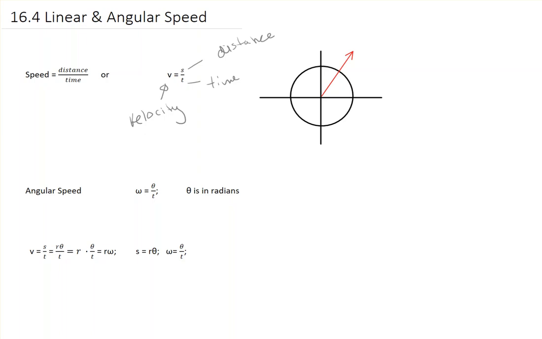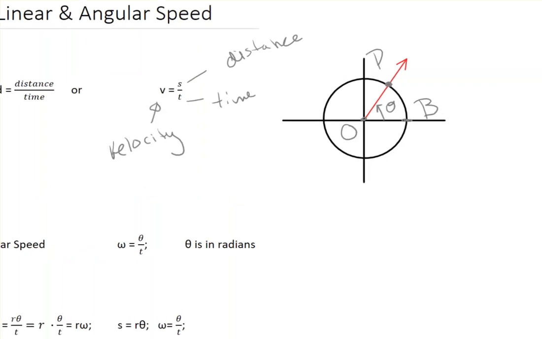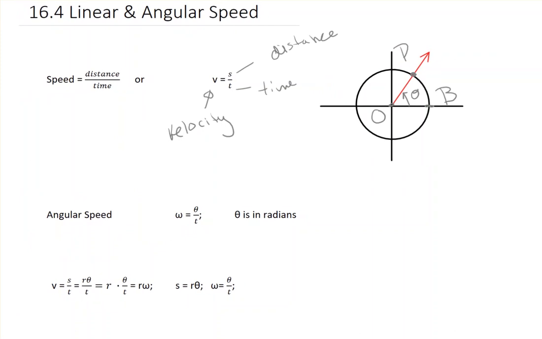If we take a look at the diagram over here, I label P as a point on the angle going through the circumference, O is the origin, and B is the stationary point right there. And I have this angle right here moving through. This right here refers to the distance.